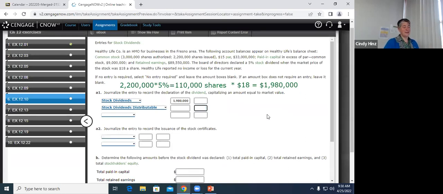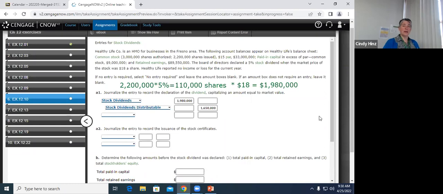It's similar to a payable in that we're saying we're going to do something with this later. You'll notice the term there is distributable. So this $15 par value per share times the 110,000 shares that we are going to distribute represents the par value that when we issue these shares, we will move into the common stock account.